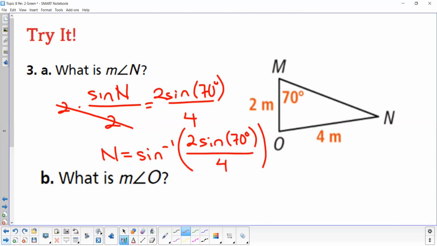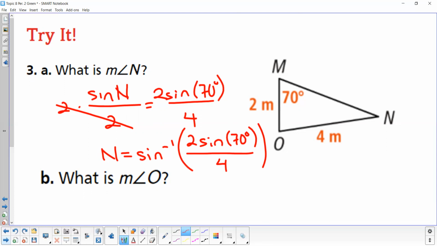Here's where you're gonna want to be really careful with your parentheses. Make sure you close the parentheses after that 70. Wait, where do you get 2 times sine? How do you get 2 sines? I've multiplied both sides by 2 to get this 2.